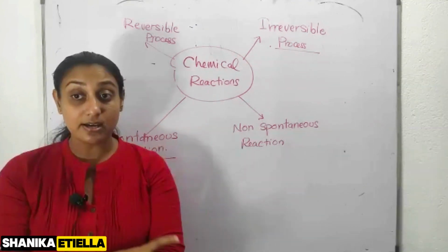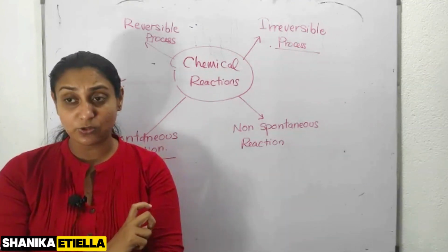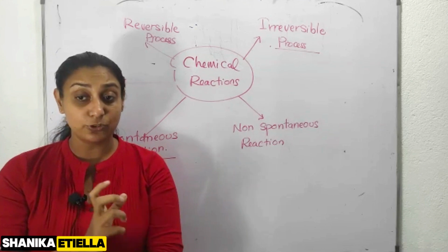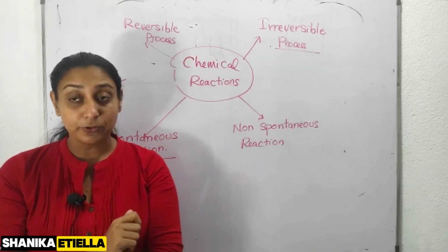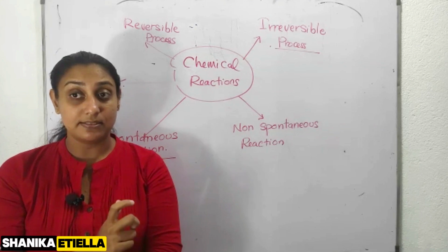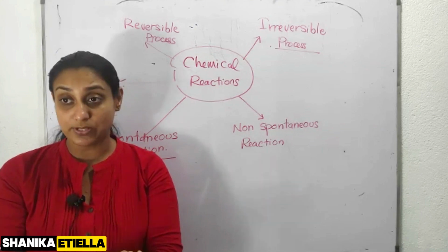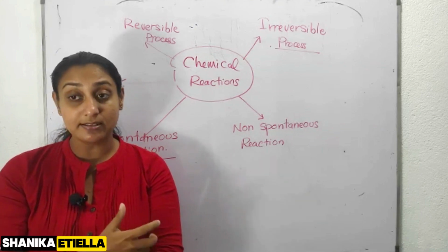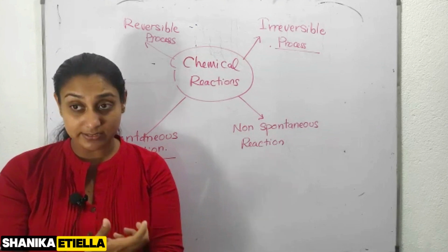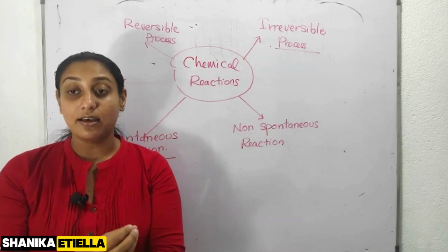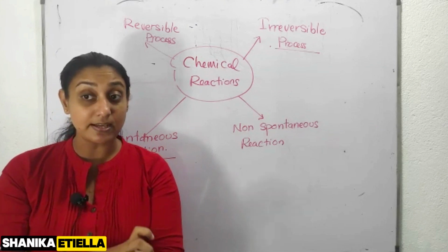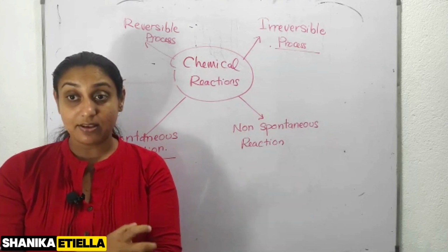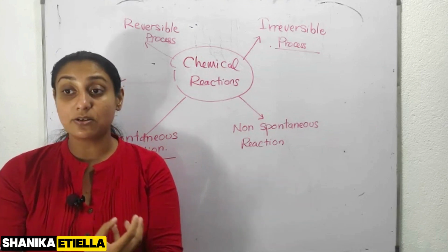Those reactions are called non-spontaneous reactions. Once you are given some reaction, you may ask, Miss, is this reaction spontaneous or non-spontaneous? Sometimes I can tell whether a reaction is spontaneous by looking at the reactants and products, but sometimes I can't predict it.